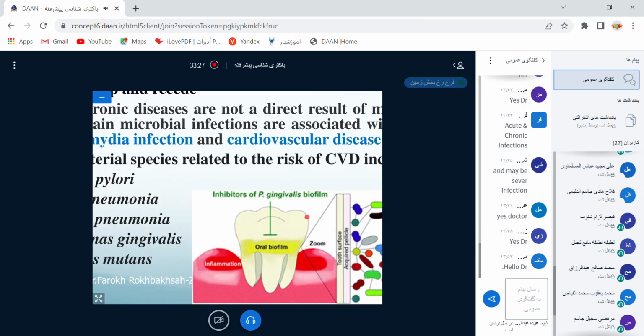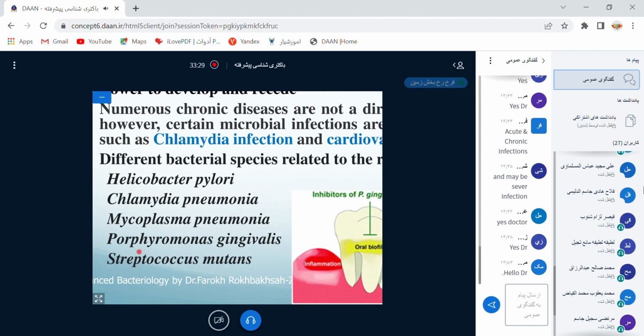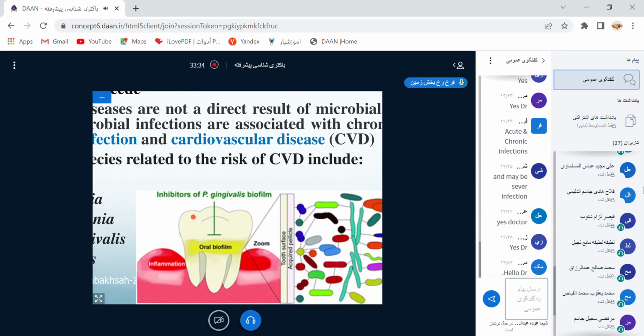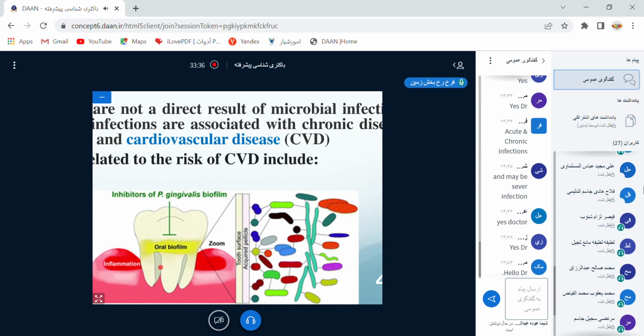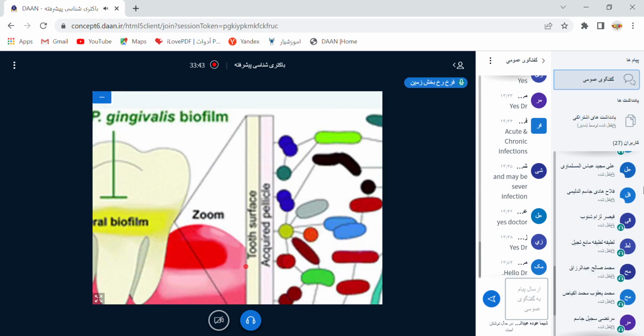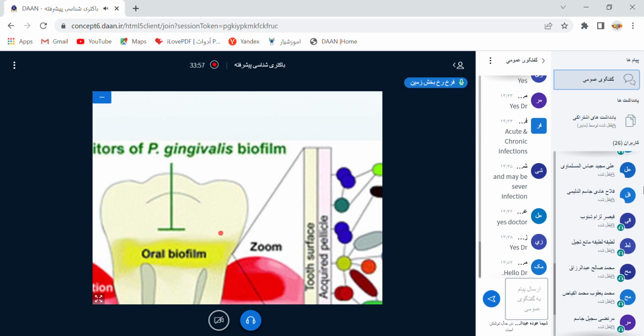So Porphyromonas gingivalis and Streptococcus mutans can be present on the teeth and on the gingiva. In which form? They can be on the tooth surface, forming pellicle or producing biofilm.